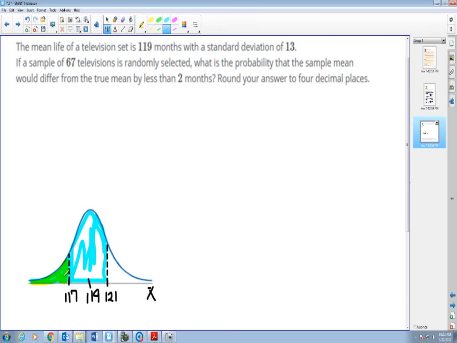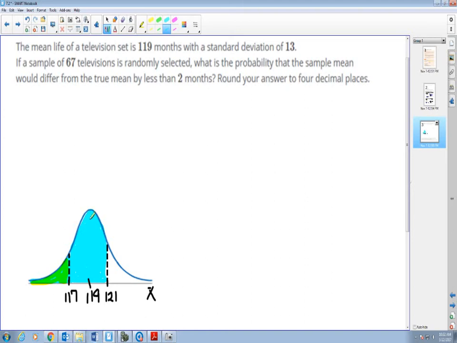So what you see right now, the part in green, is the overlapping area. Because if I find an area to the left of 121, it will actually cover some of the area to the left of 117.